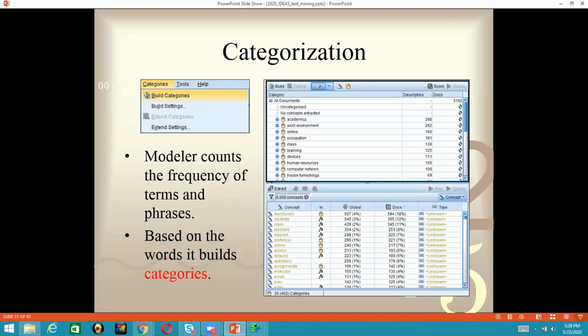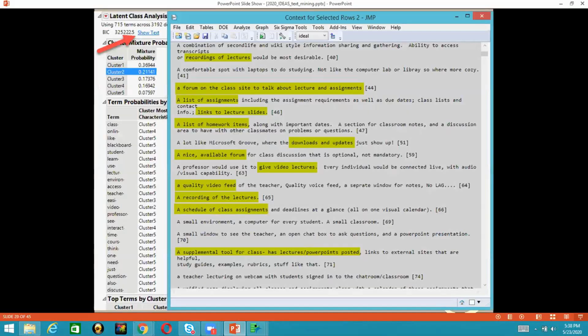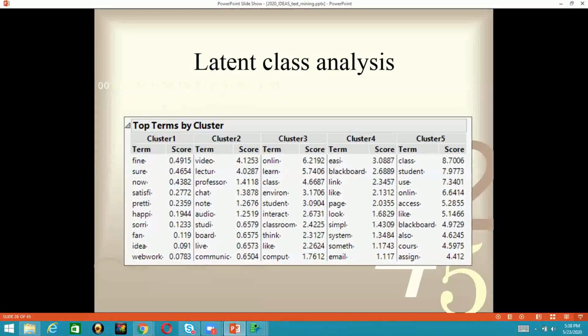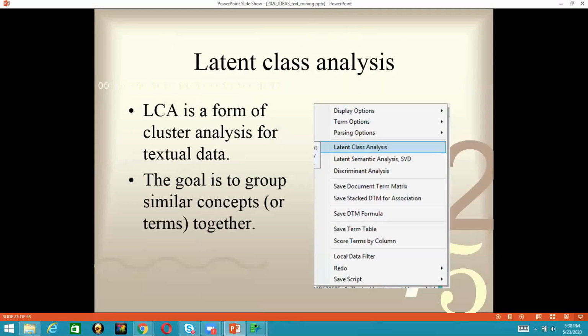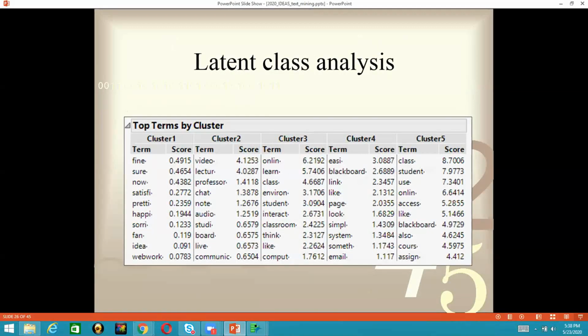But when I want to build a concept, I go one step further to ground the theory. What does the term mean? What is the concept? Rather than just looking at the raw phrases and terms, now I condense them to 5 concepts. So, from content analysis to grounded theory.